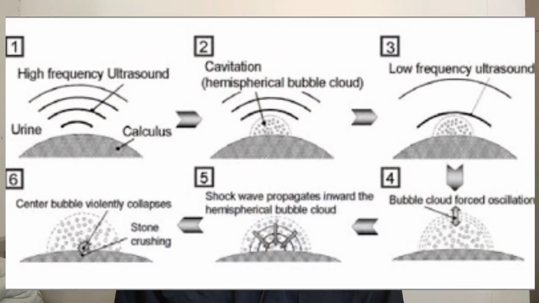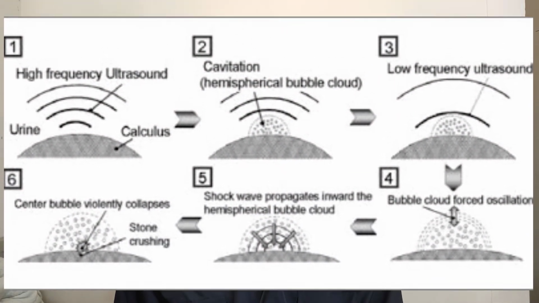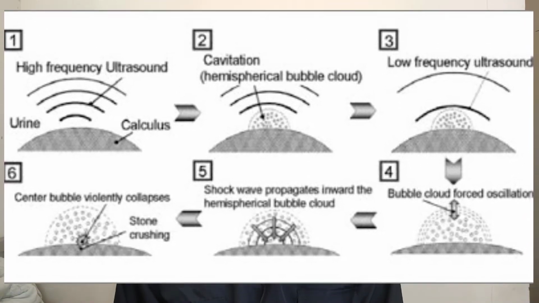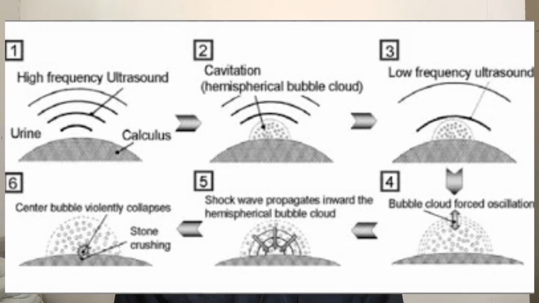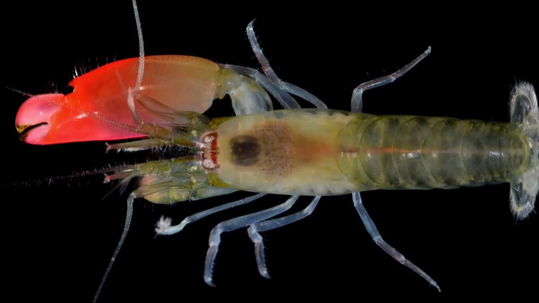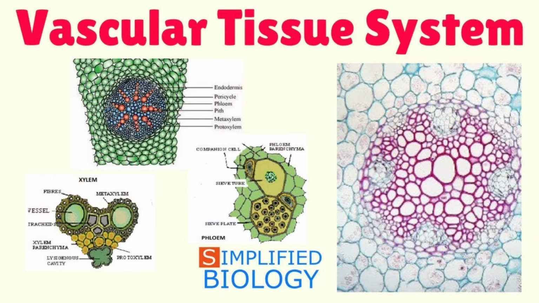The process in which a void or bubble in a liquid rapidly collapses, producing a shock wave, is called inertial cavitation. Inertial cavitation occurs in nature in the strikes of mantis shrimp and pistol shrimp, as well as in the vascular tissues of plants.